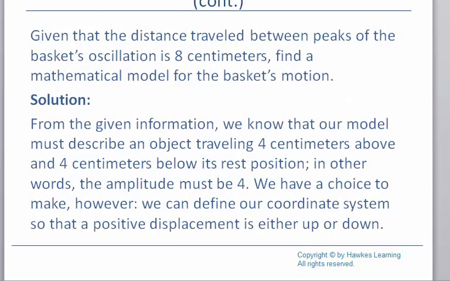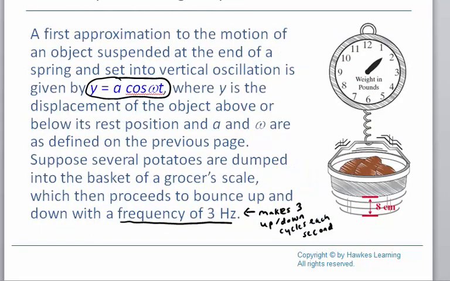On the next slide, it says, given that the distance traveled between peaks of the basket's oscillation is 8 centimeters. Okay, so what that means, and you can see that in the picture here, is that when the basket is at its lowest point, it is here.